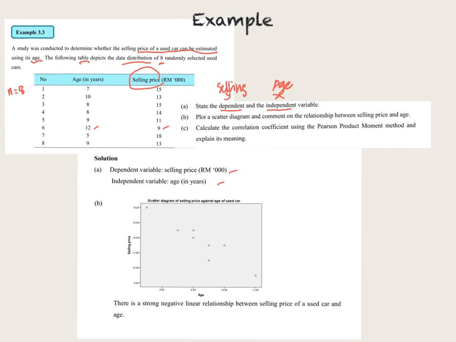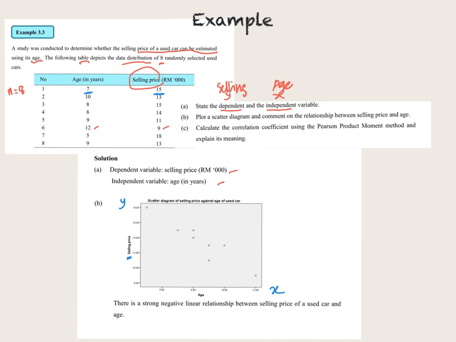And then B, plot a scatter diagram and comment on the relationship between selling price and the age. Since we already decided which one is Y and which one is X, the selling price is the Y variable, the age is the X variable. So you just need to look at the values. Age equals 7, the selling price is 15.